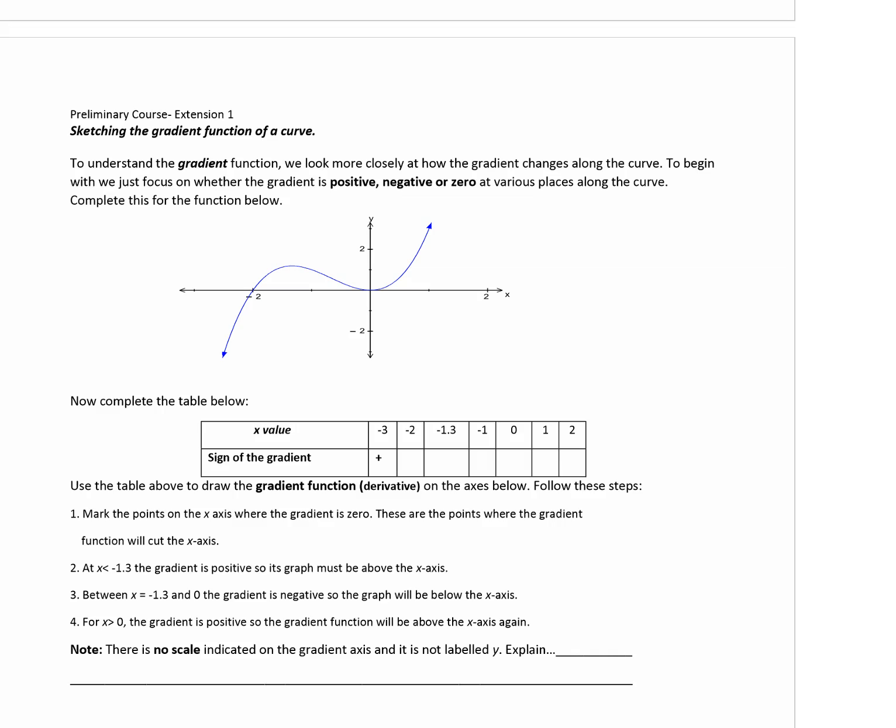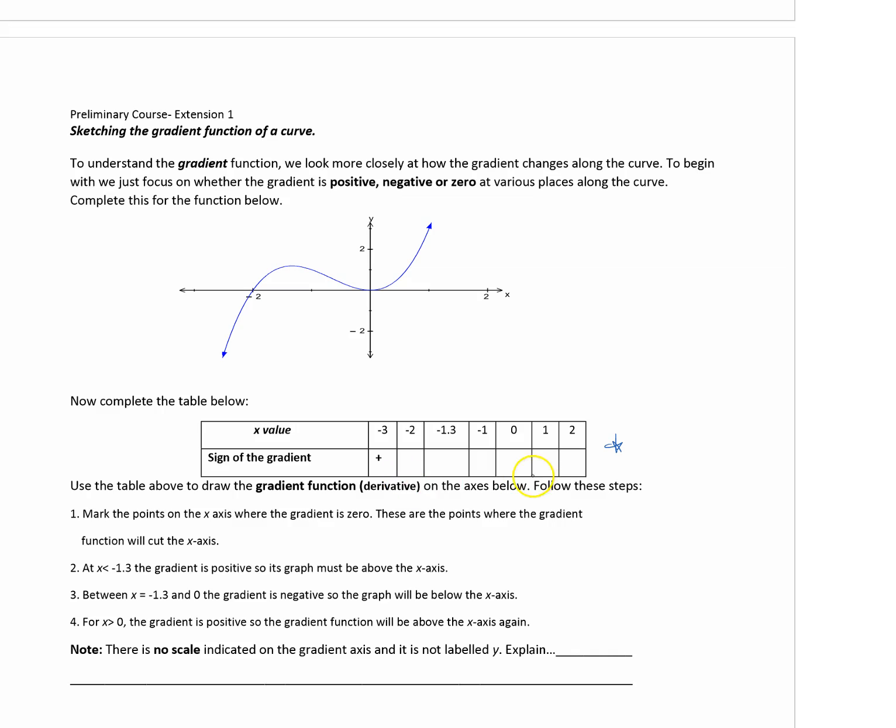So the only way that we can draw a gradient function in that case is to study the gradient of the curve. We've got to study the gradient of the curve and actually record if it's positive, if the gradient is negative, if the gradient is zero, and then use, as you can see, I've got a little table here, and all I'm going to be recording in it is my gradient positive, negative, zero at these particular points?